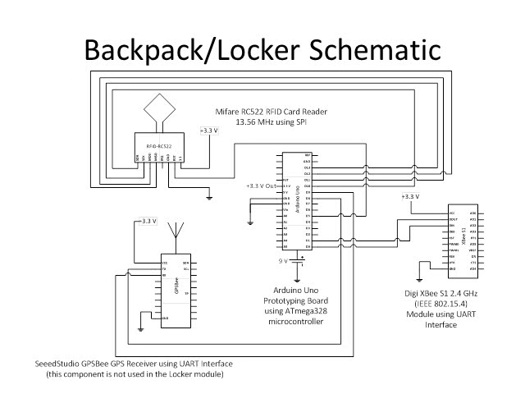Now over here, you can see my schematic diagram for the electronics on my locker and backpack module. It's a fairly simple schematic. I wired the GPS, the XBee, as well as the RFID reader to the microcontroller.